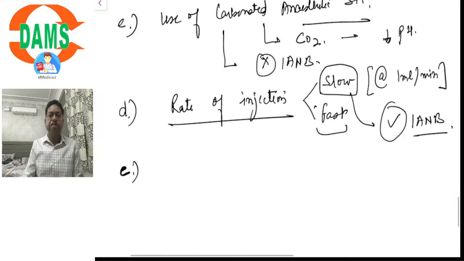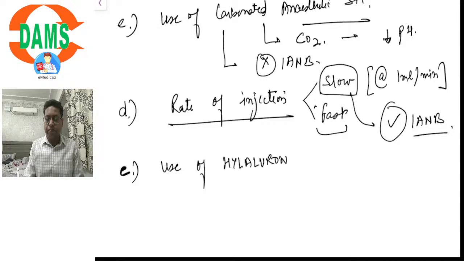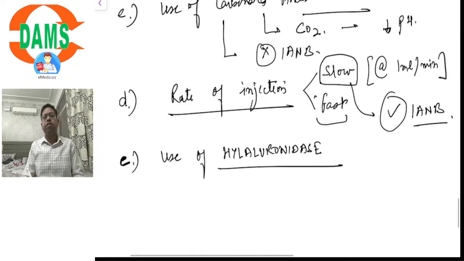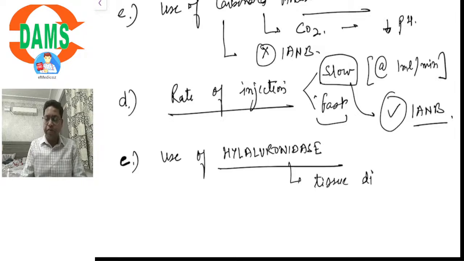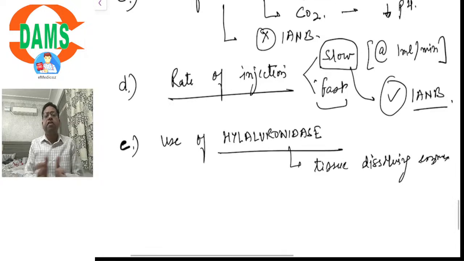Another factor that has been considered is the use of hyaluronidase. Hyaluronidase is a tissue dissolving enzyme. Interstitial substance is dissolved because of hyaluronidase.